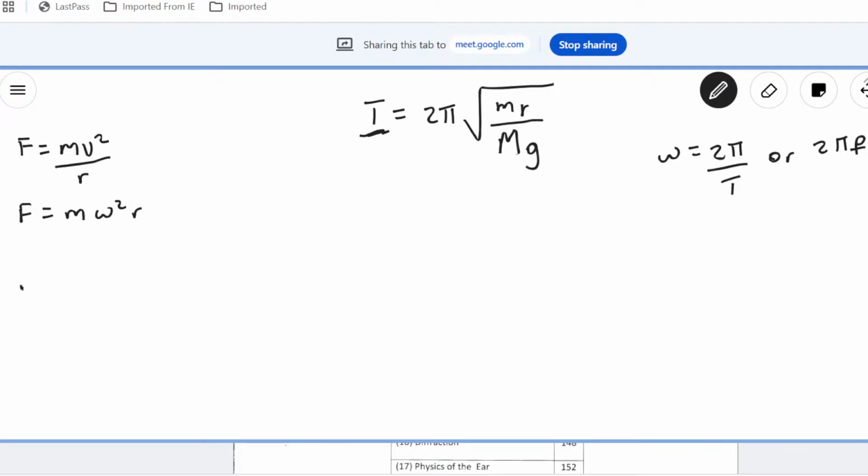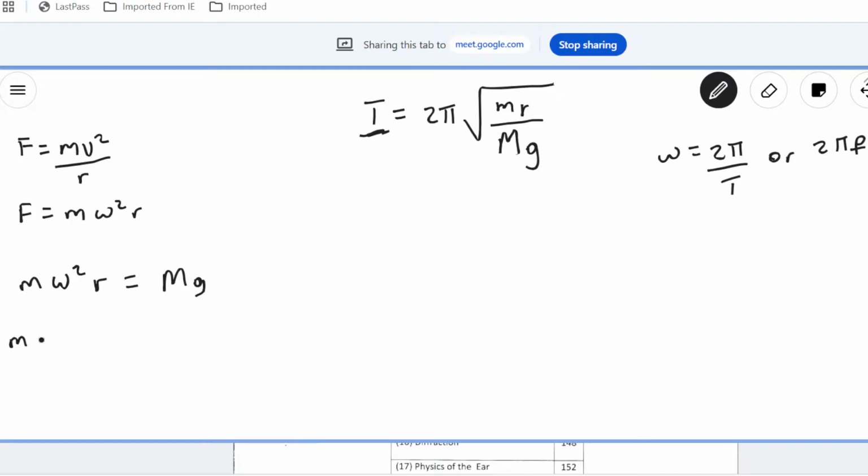So m omega squared r is equal to mg. That's a capital M, right? Yeah. So we can substitute for omega.